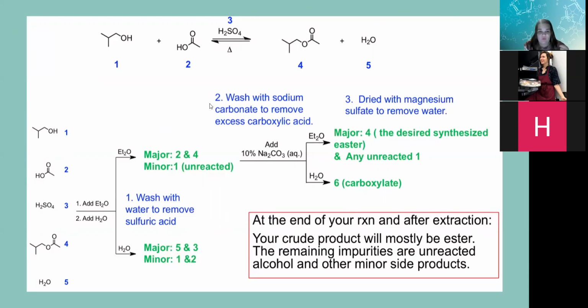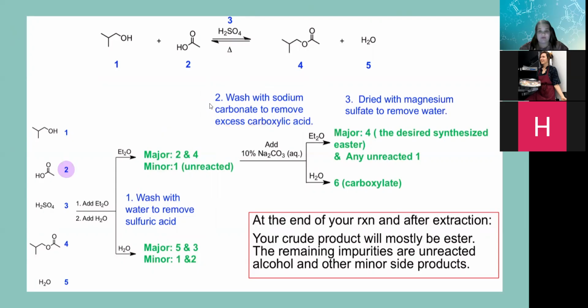Next, we washed it with water. Then we washed it with sodium carbonate to remove any extra carboxylic acid. Your carboxylic acid, once again, is structure 2. So when you washed with sodium carbonate, you're removing any carboxylic acid that's left over. Sodium carbonate is a base.